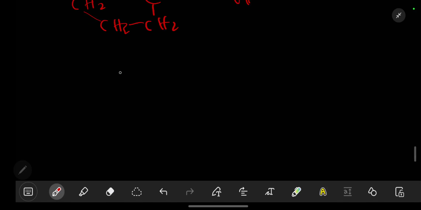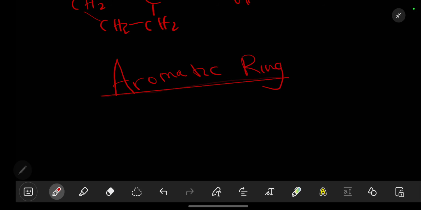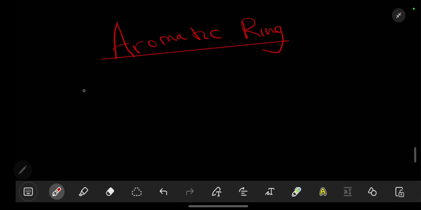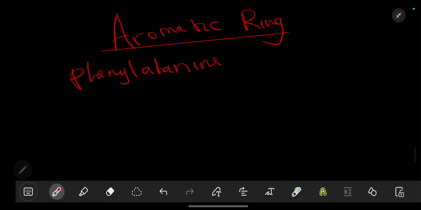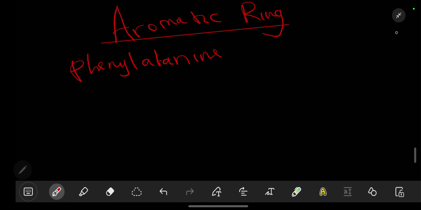Other amino acids, on the other hand, have what we call an aromatic ring. Though they might fall in the groups of polar, for example, we might have phenylalanine. Phenylalanine has special properties in the fact that it has an aromatic ring.